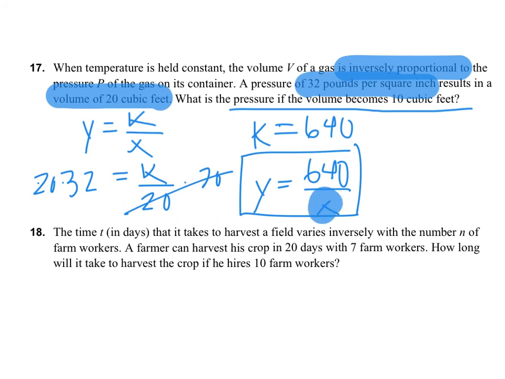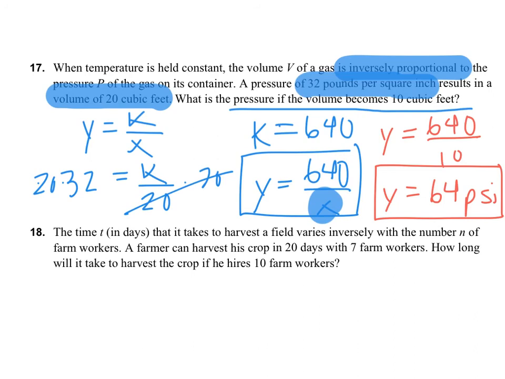So what this looks like, and let's change colors, you see this, y equals 640 over 10. Which means that if the volume becomes 10 cubic feet, the pressure will be 64 pounds per square inch, or PSI.